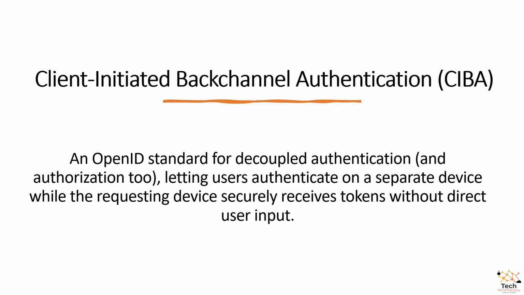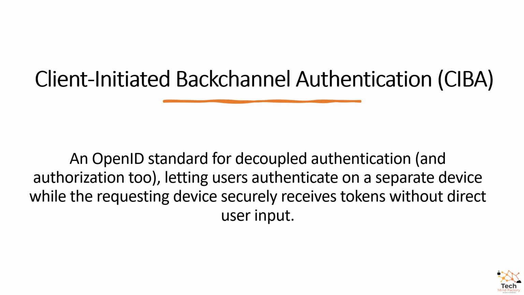It's very important, authentication and authorization, letting users authenticate on a separate device while the requesting device securely receives tokens without direct user input. So that's very important. We have this decoupled authentication and authorization. And as you can probably imagine, in the world of AI agents, AI agents will be hosted somewhere and we will have some kind of interface to interact with them.